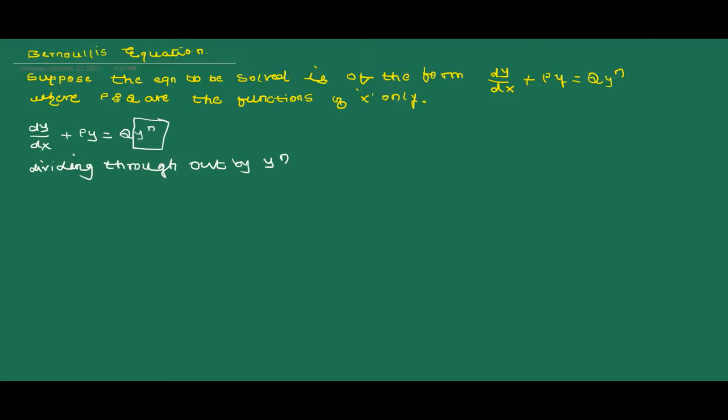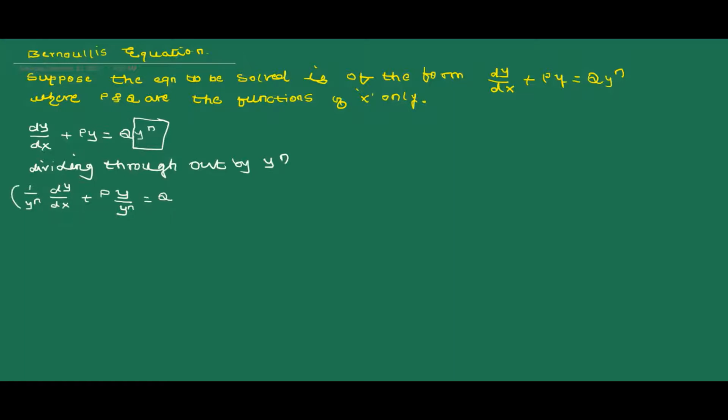If we divide throughout by y raised to n, we get 1 divided by y raised to n into dy divided by dx plus next term is p into y divided by y raised to n is equal to right hand side y raised to n, and y raised to n get cancels, you will get q only.